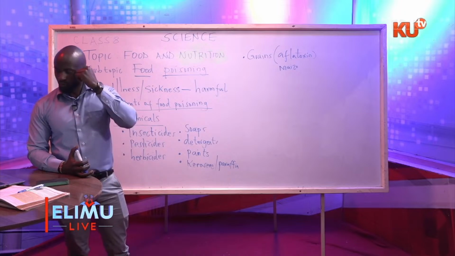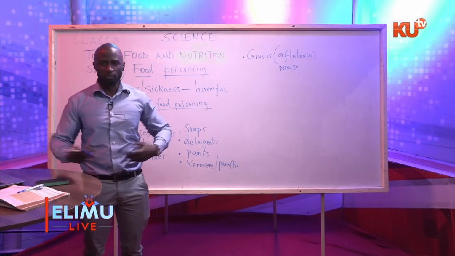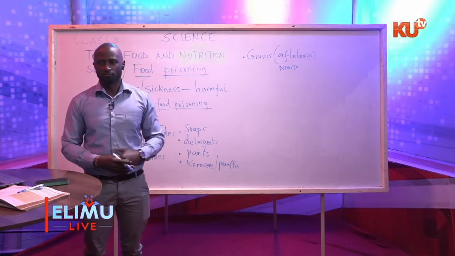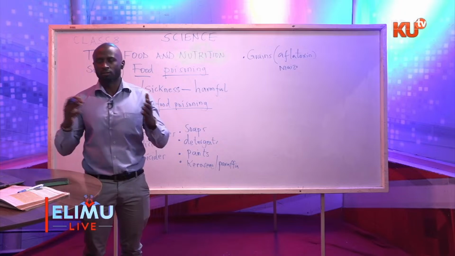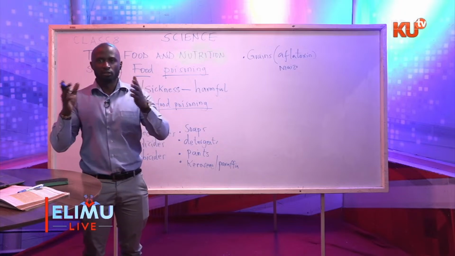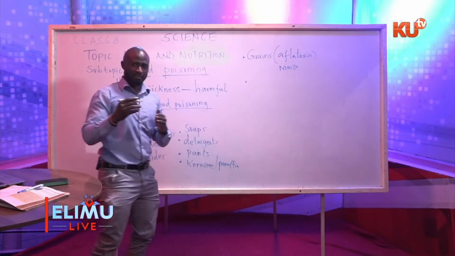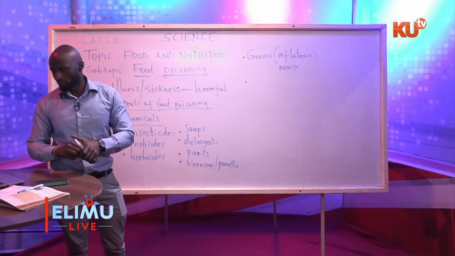Secondly, you've maybe heard in the news announcing that a certain part of the world ate a certain tuber, for example cassava, and some of the parts are highly poisonous.